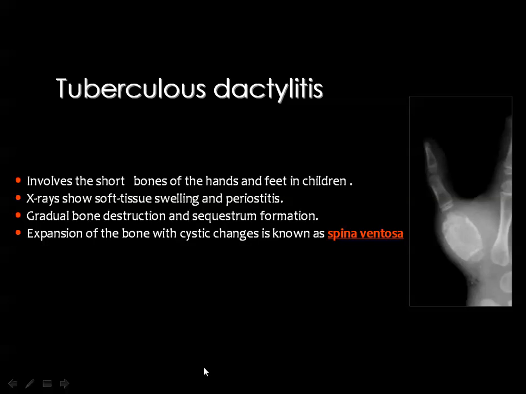Also, one of the particular appearances of TB in the hand is what is known as spina ventosa, or TB dactylitis. There is involvement of the metacarpal or even the phalanx, and this involvement appears in the form of considerable expansion, sometimes cystic changes, and bone sclerosis of the involved bone.